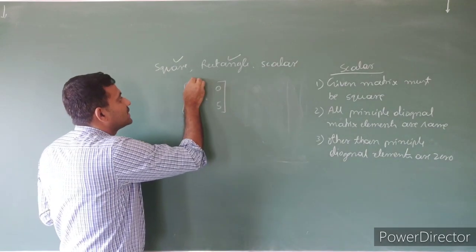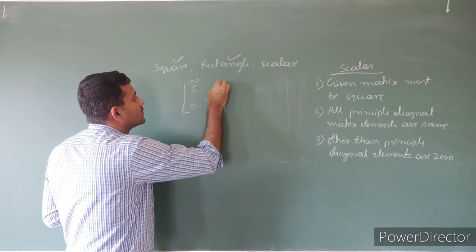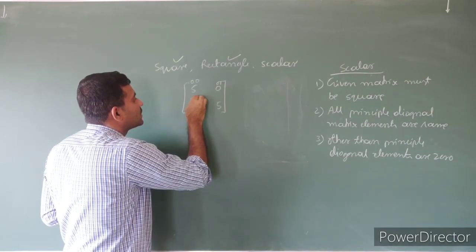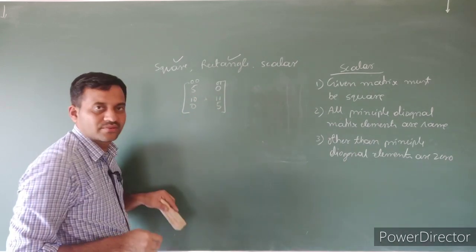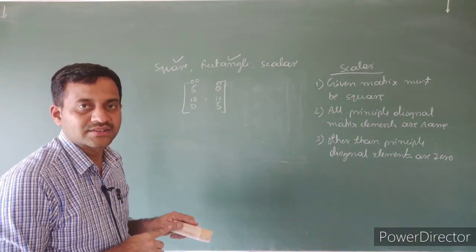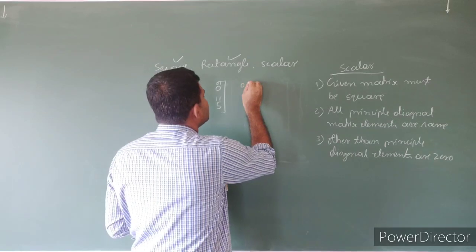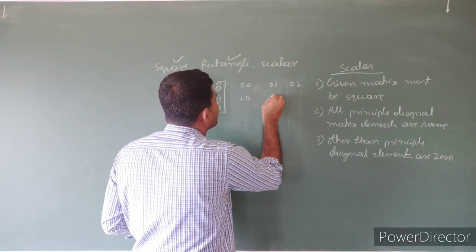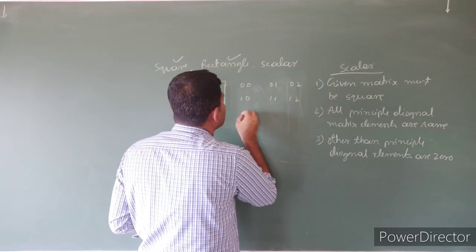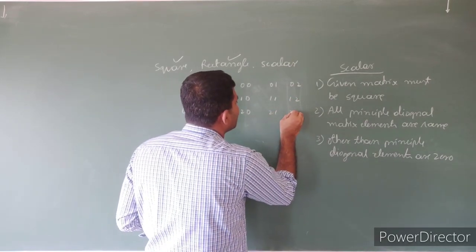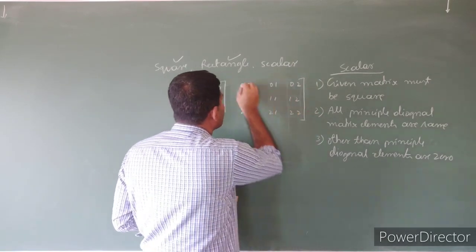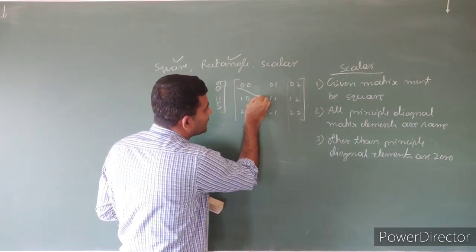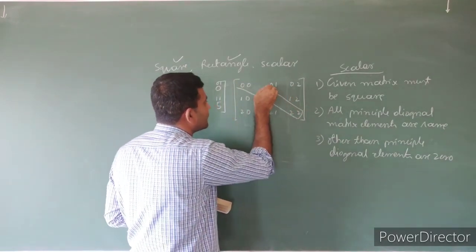How to verify? See the addresses 0 0, 0 1, 1 0, 1 1. These are the addresses. If it is a 3 cross 3, 0 0, 0 1, 0 2, 1 0, 1 1, 1 2, 2 0, 2 1, 2 2. So these are the memory addresses. Let's see the principal diagonal elements.